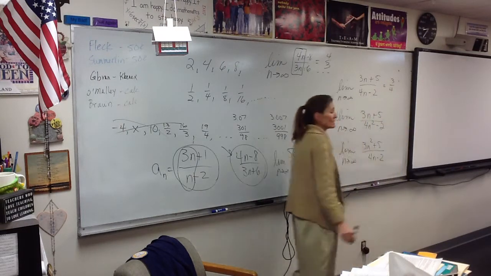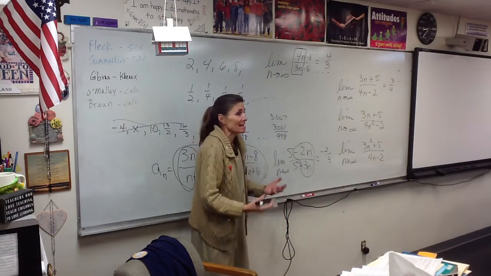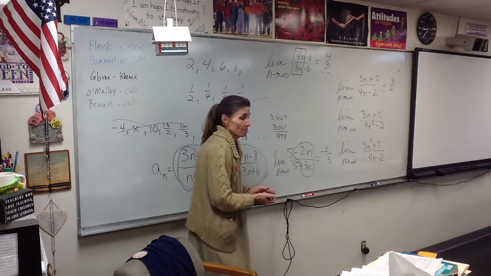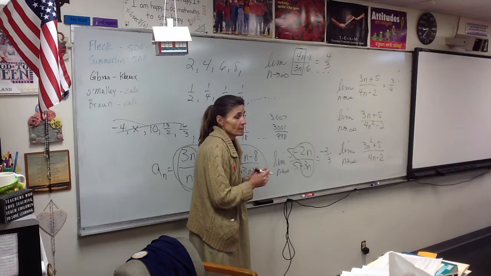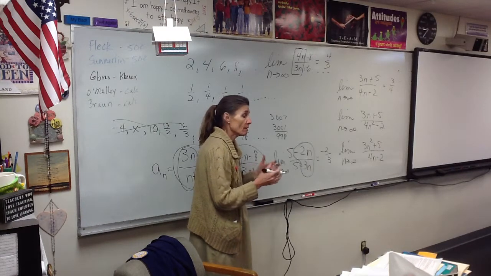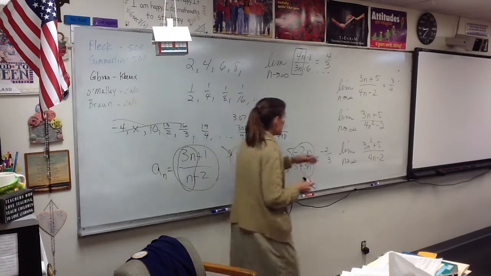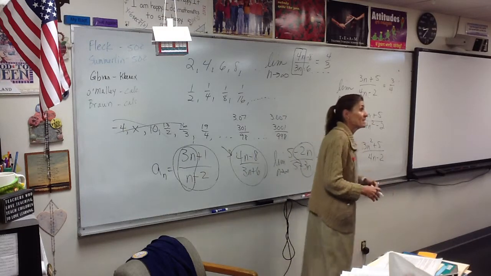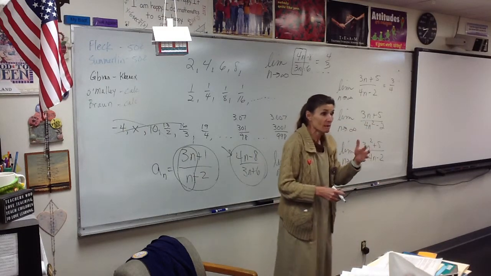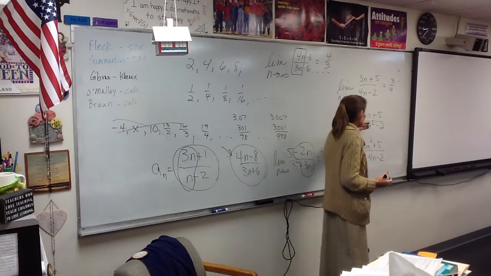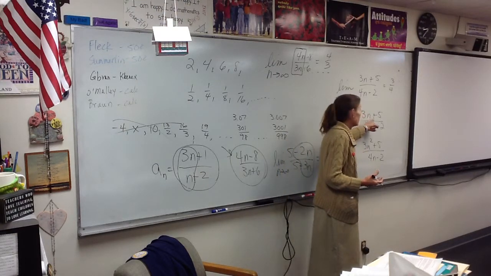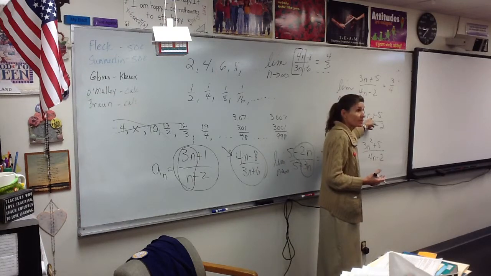Now, number two, what's different about that one? We haven't looked at any like this. It's got a squared term on the bottom. Now, here's the rule. First of all, just think about it for a second. If you're letting n go to infinity, that means you're letting n get to be like 1 billion. Would 3 billion plus 5 be a pretty big numerator?